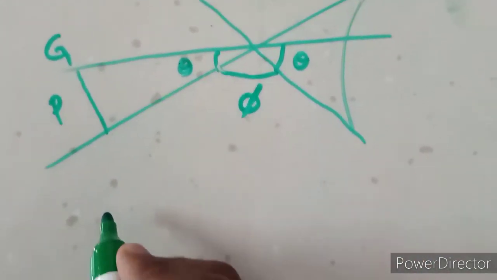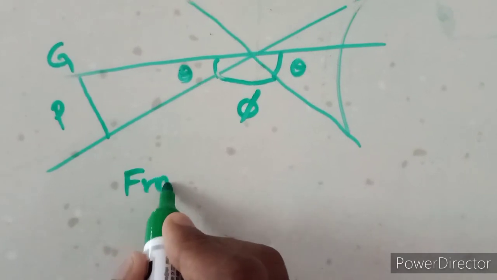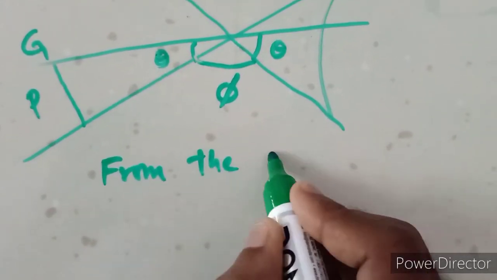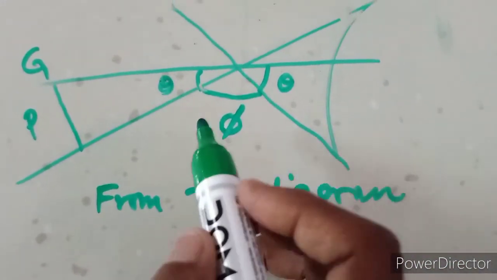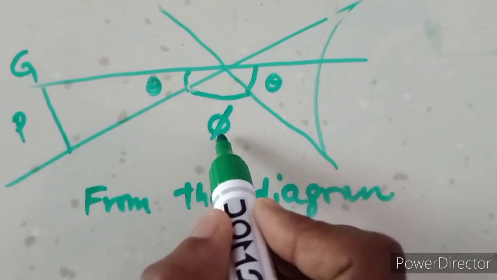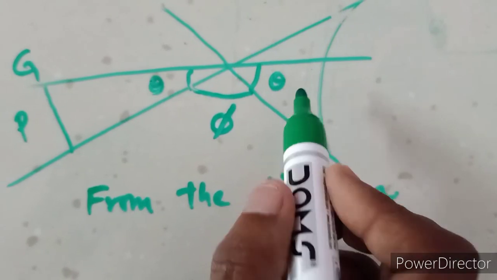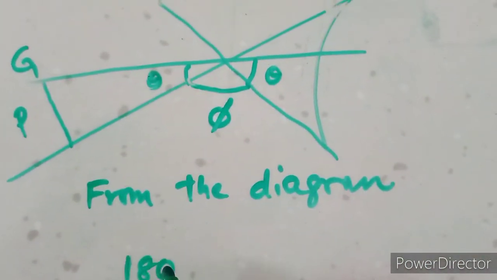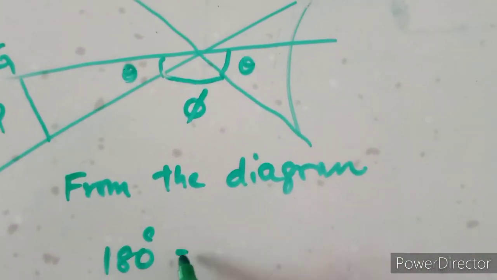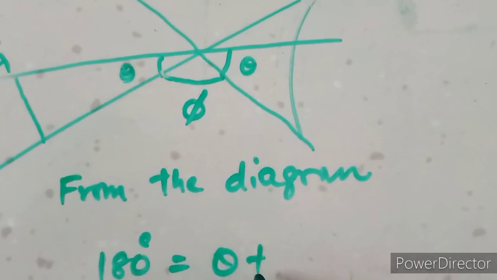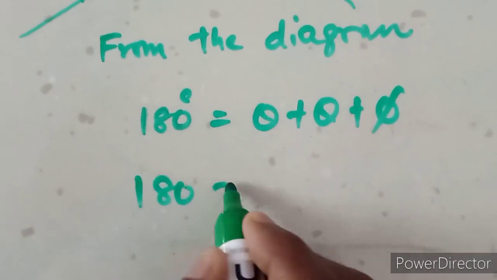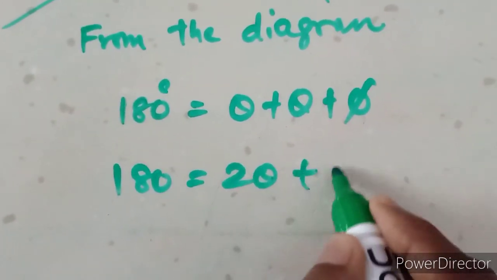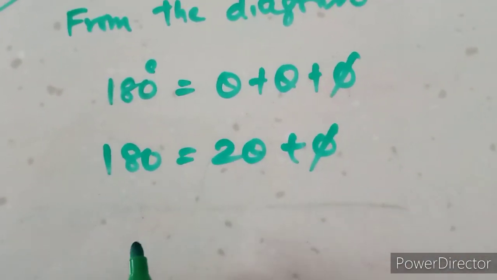From the diagram, theta plus phi plus theta equals 180 degrees, so 180 degrees equals 2 theta plus phi.